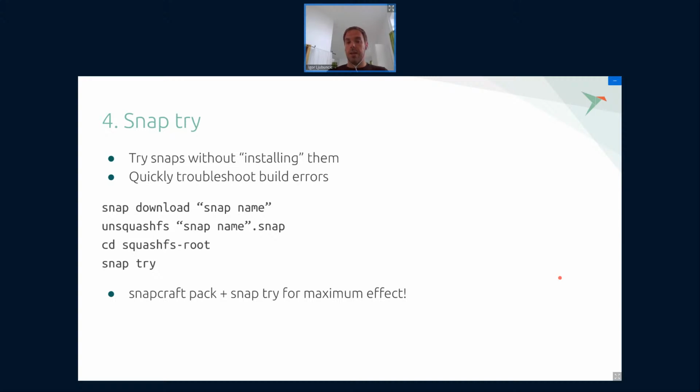Step into it and then run snap try. This will emulate the normal installation of a snap, and it will be presented to you as an installed application, which you can then try and play with. So at this point, you could potentially add things into the squashfs file system, and then snap try again, basically remount the archive, use it, see what gives.